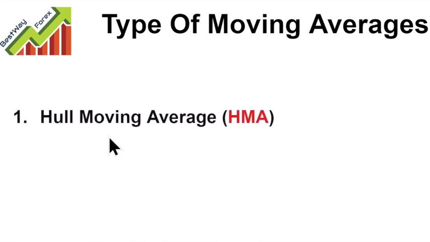The one that I am using in the Gailani strategy is the Hull moving average. We call it HMA. The good feature with HMA is that it's very fast, and it also takes into account the volume and the movement of the price.